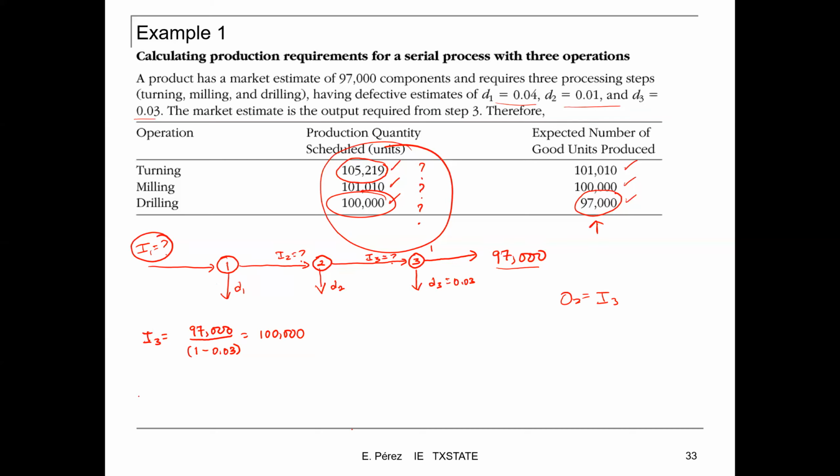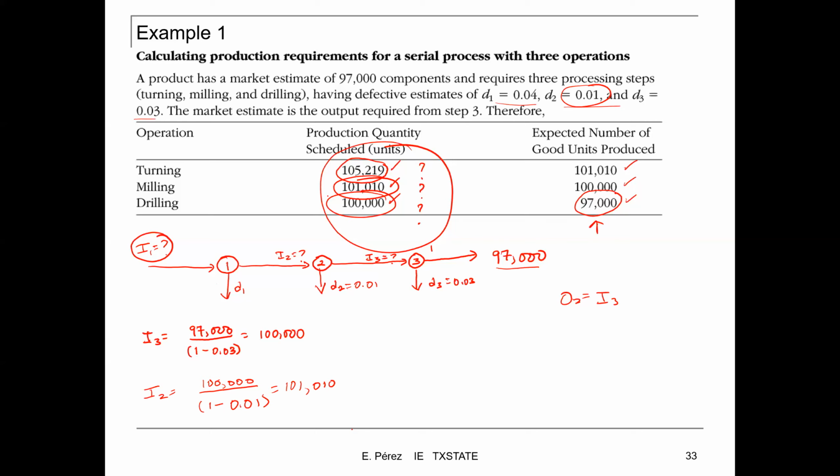To compute input of 2, my output is 100,000, and I divide that by 1 minus the defective rate for 2, which is 0.01. So 1 minus 0.01 is equal to 101,010, which is this number here.